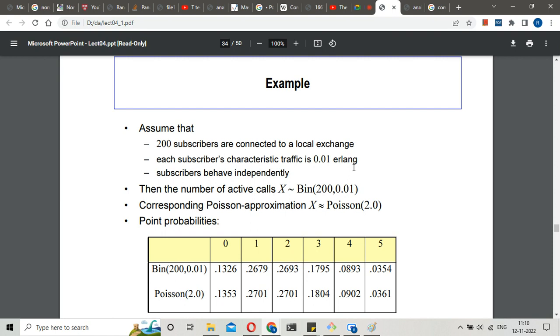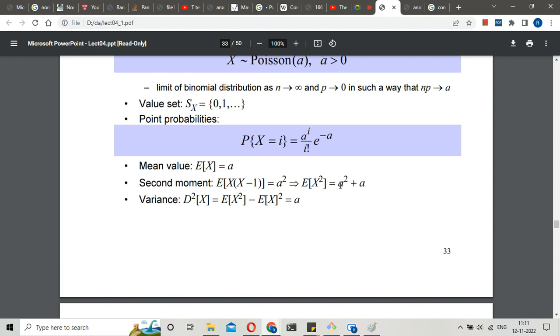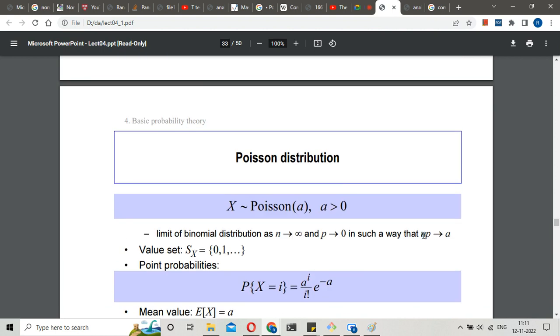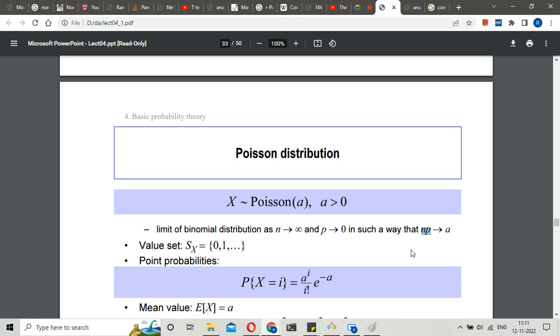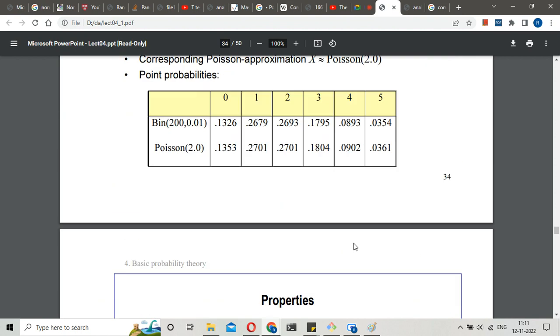Corresponding to the Poisson approximation, you can say Poisson of 2. You can just multiply these two numbers, so you will get Poisson of 2. Yeah, np equals a. So Poisson of 2.